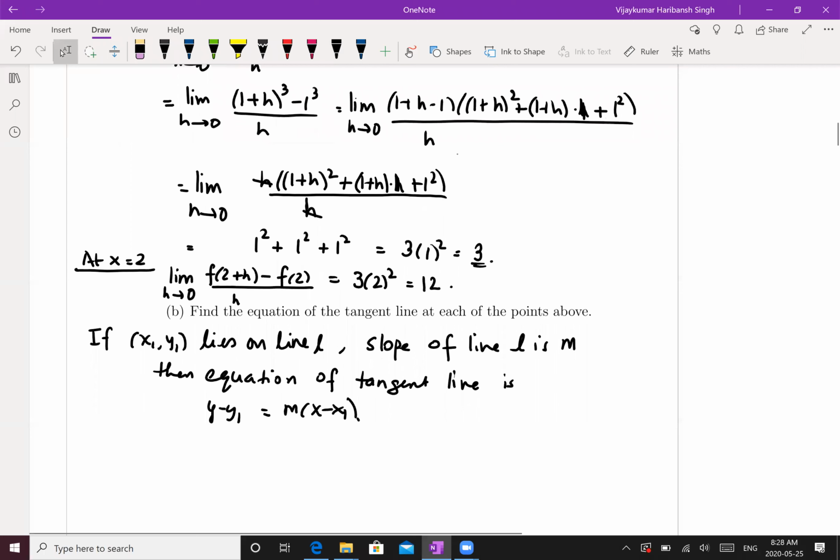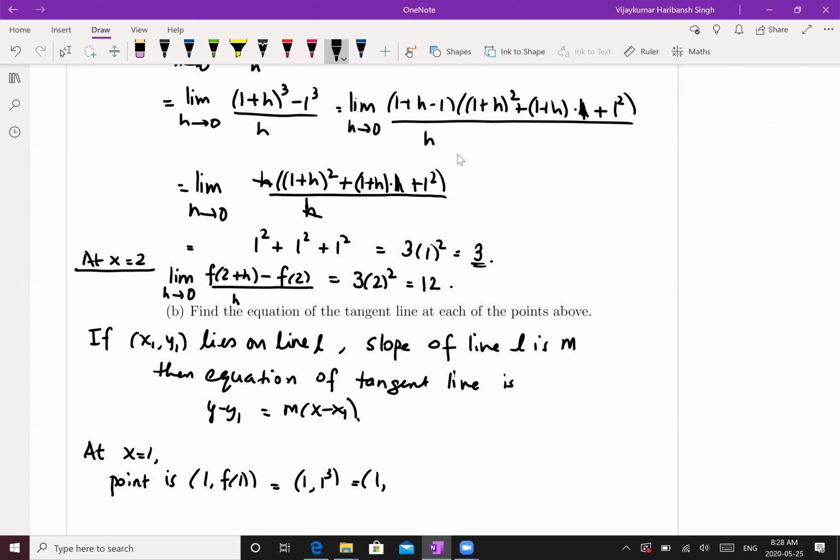So now at this point you have already found out. At x equals 1, what is the point? The point of tangency, or point on the line, is (1, f(1)), which is going to be (1, 1 cubed), which is (1, 1), and the slope m is 3.